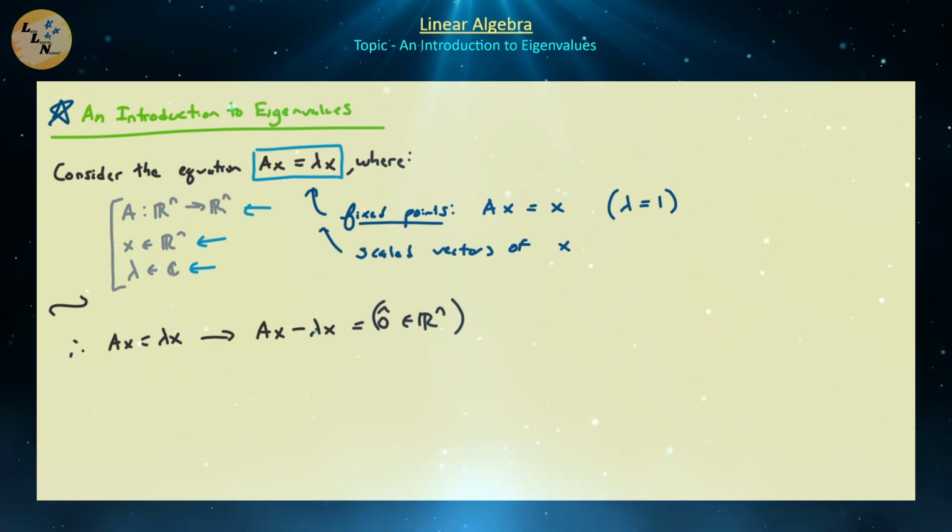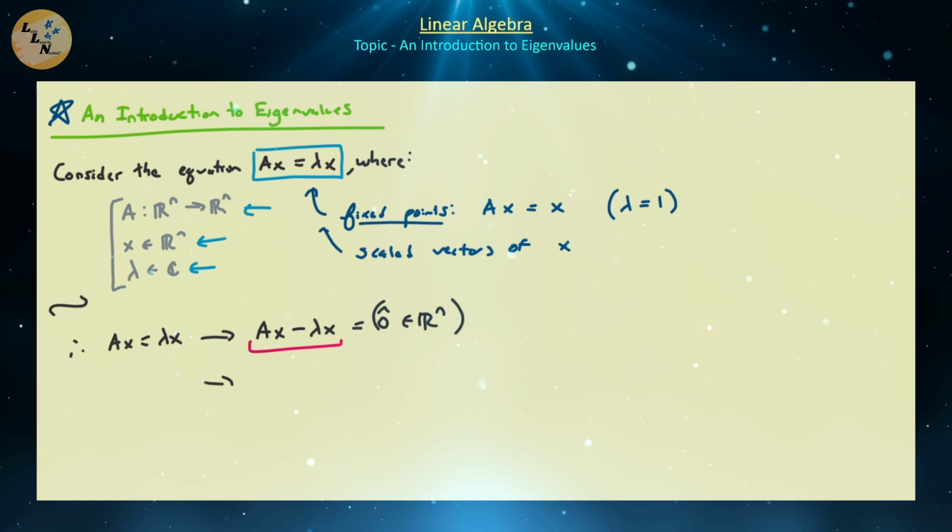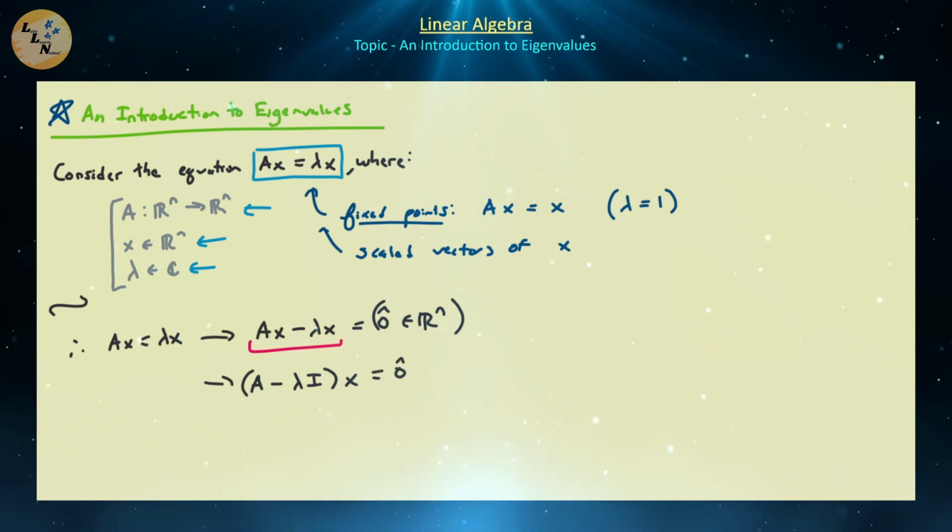All right, notice that we have a common vector x on the right-hand side of each of these terms, so we can factor out x. Once we do that, we have (A - λI)x equal to the zero vector.